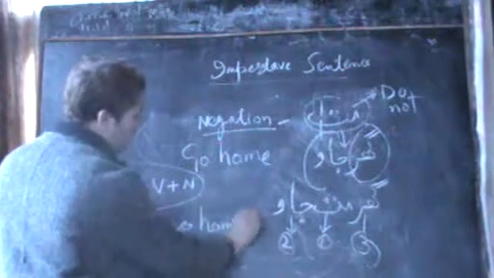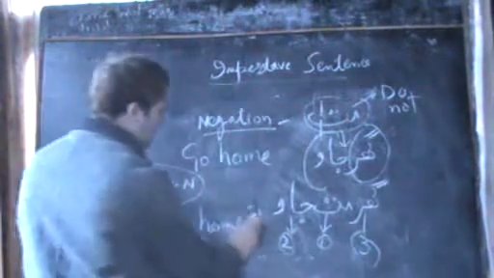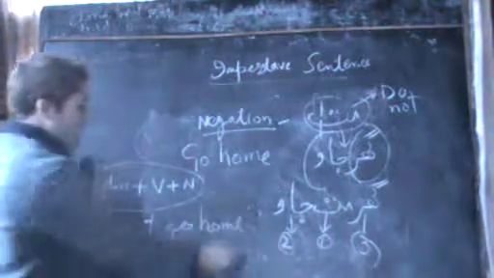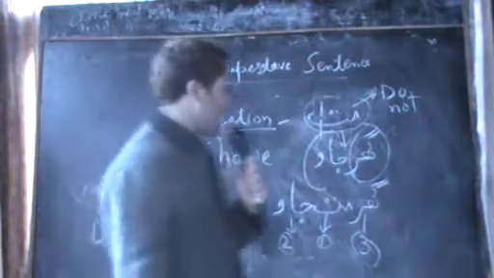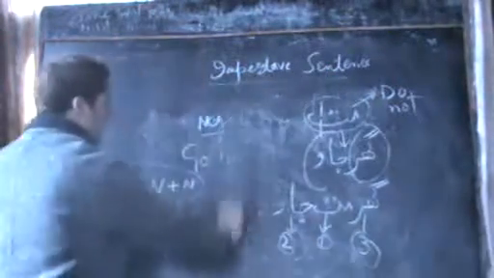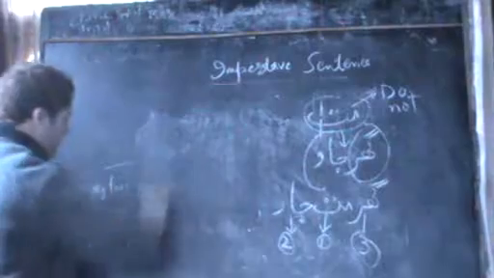Do not go home. I will write here, do not go home. So I will write one more sentence.